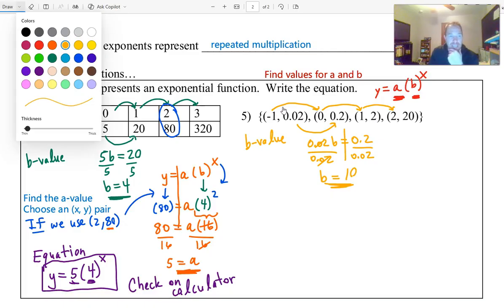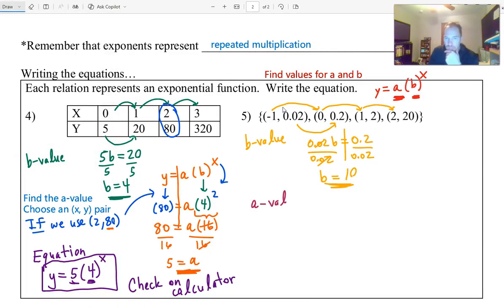Now I need the a value. And remember, this is where you get to pick one of those pairs. On my cheat sheet, what did I go with here? My cheat sheet, I did the -1 and the 0.02. So I'm living dangerously here. If we use -1, 0.02, that's my x and my y value.